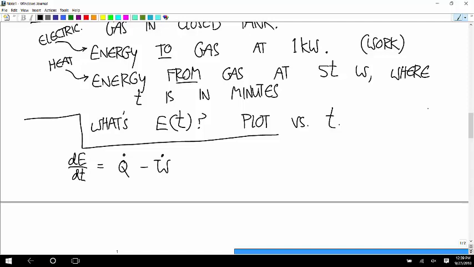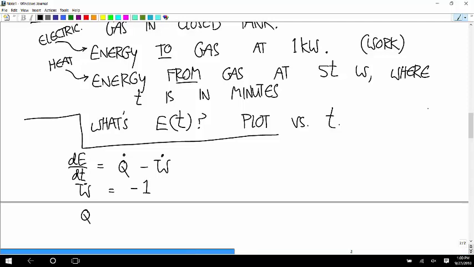We have electrical energy coming into the system, so the surroundings are doing work on the gas. So is W positive or negative? So W dot is equal to -1 if we do all this in kilowatts.